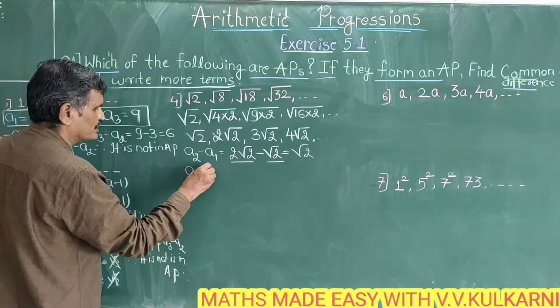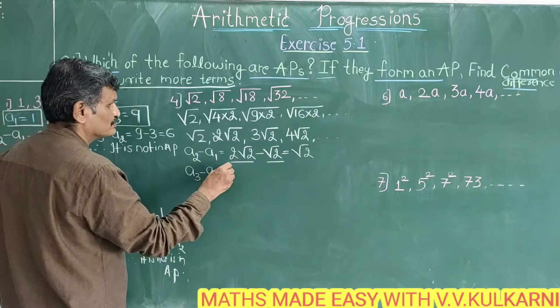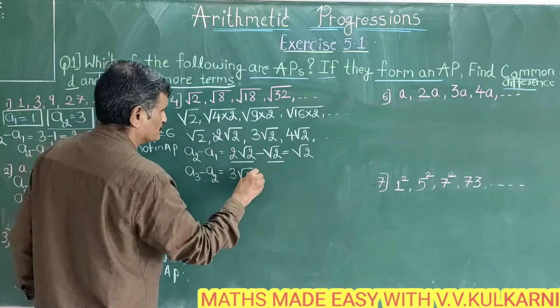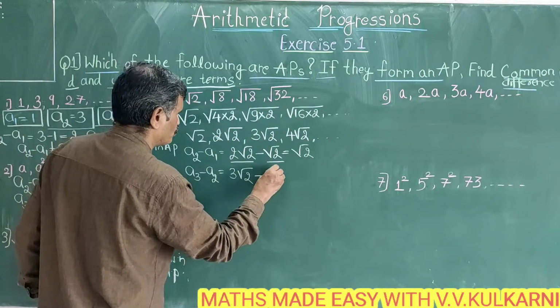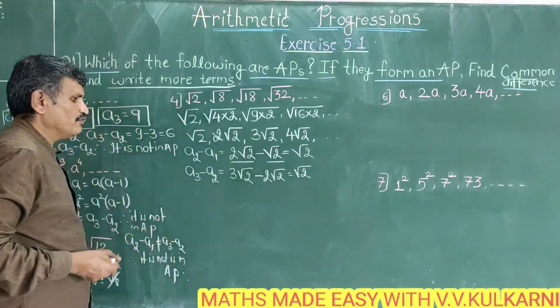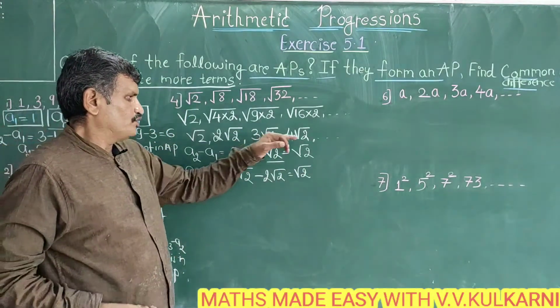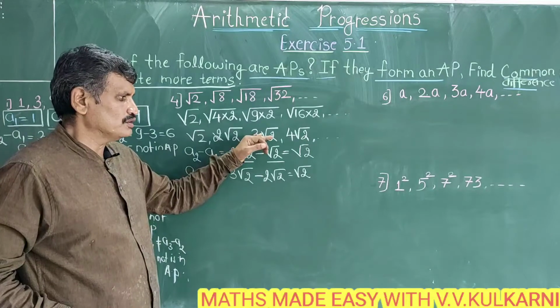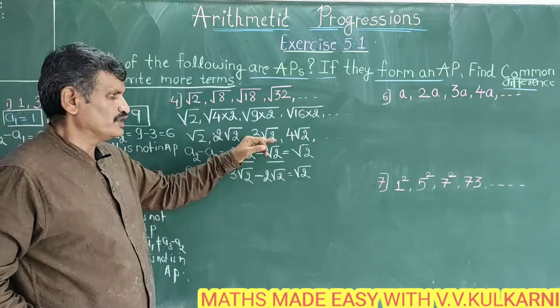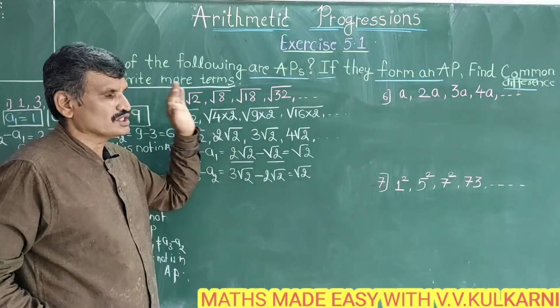Third term minus second term is 3 root 2 minus 2 root 2, which is 1 root 2. Again, fourth term minus third term is root 2. This difference is root 2, this difference is also root 2, this difference is also root 2.